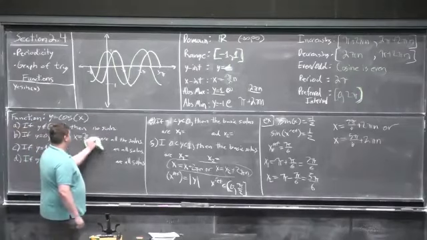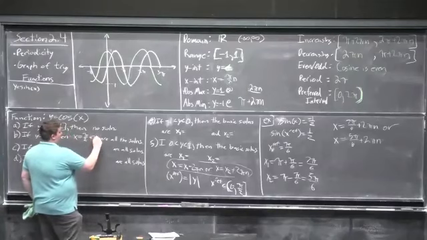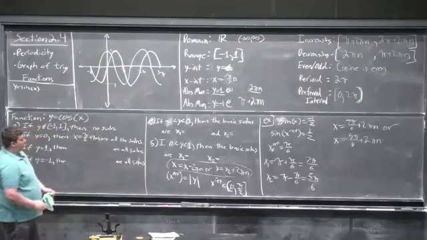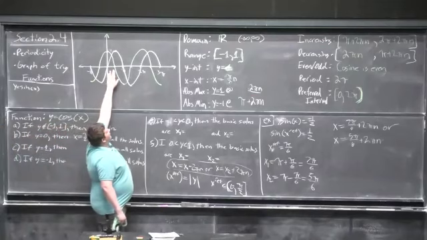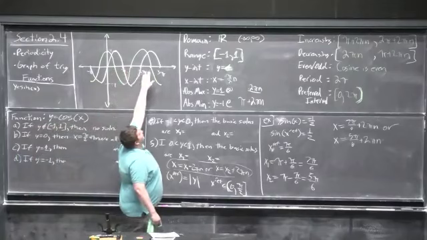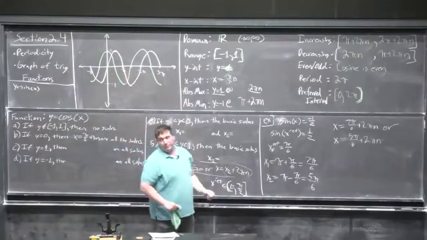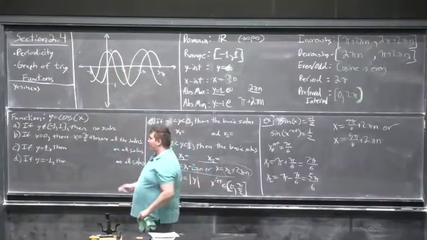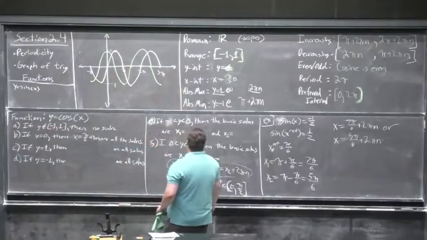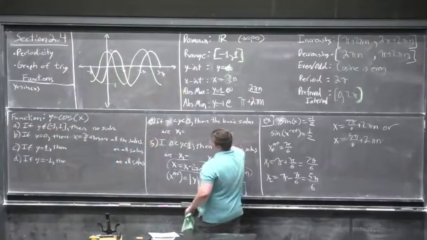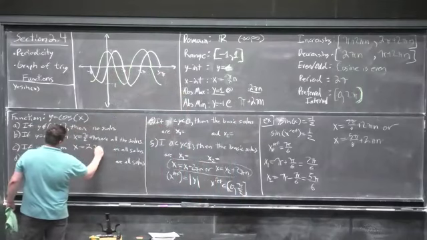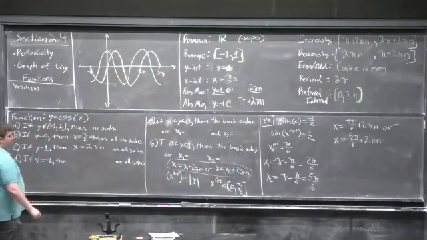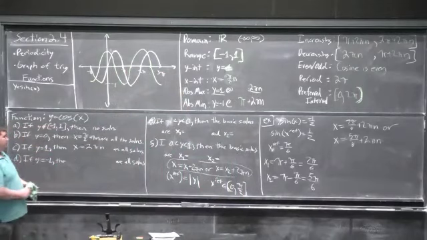Sorry, plus pi n. Because we hit the solutions here, and now we can add just a pi each time, and we'll hit another 0. If y equals 1, then that's the same as our maximum. So x equals 2 pi n. That hits every single maximum.